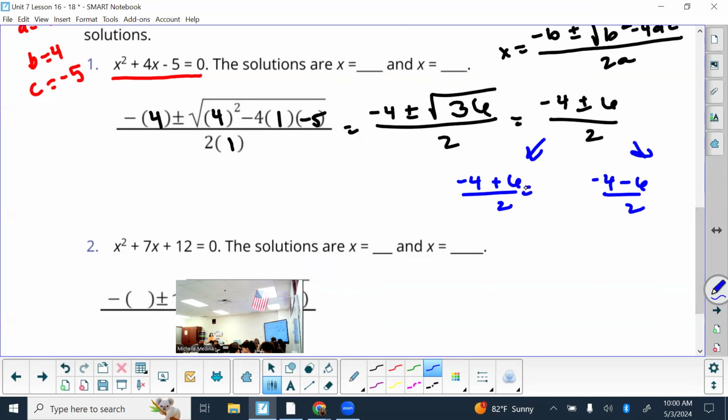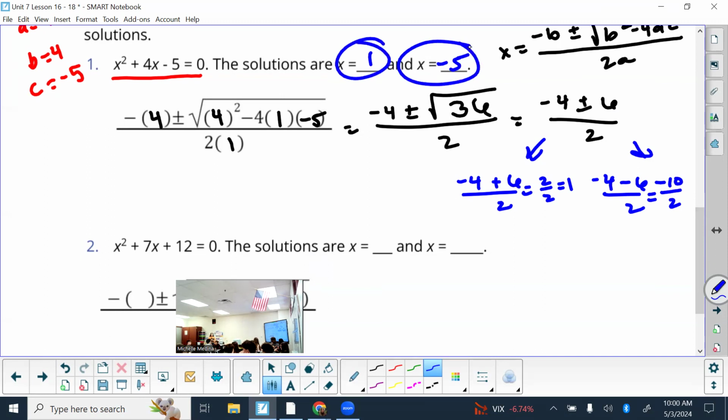Table 1, can you tell me that? -4 plus 6 is 2, divided by 2 is 1, so one of my answers is 1. Table 2, what's -4 minus 6? And then -10 divided by 2 is -5. Here's my conclusion.